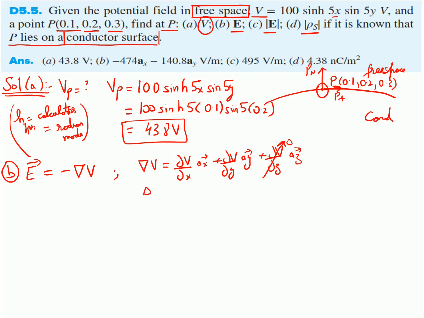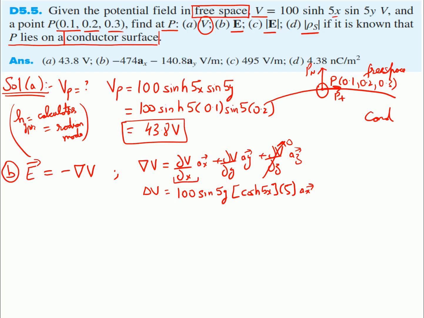Now what is the partial derivative of V with respect to x? So we write 100, the coefficient will remain. Then we have sin 5y, and then sinh 5x will become cosh 5x multiplied with 5. So this is the derivative along A of x for the first part.